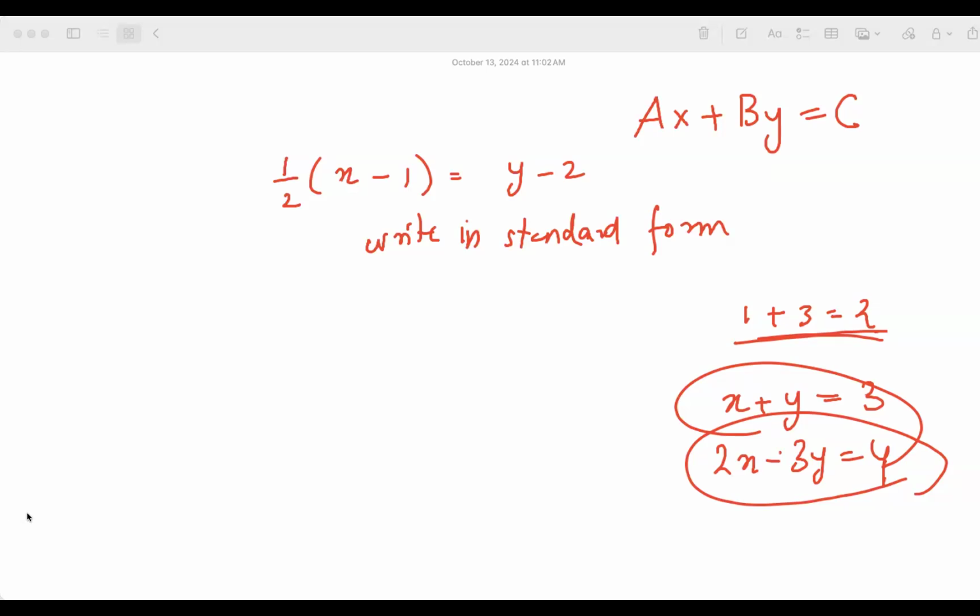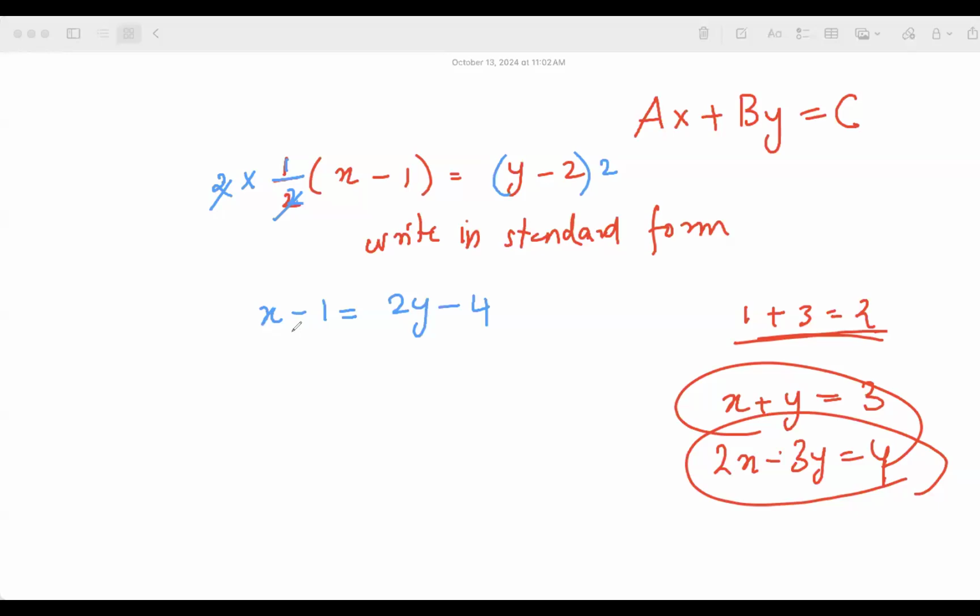Kind of, okay, I will do it on the board. No problem. See here, what I'm saying is, this half is outside, right? So multiply entirely by 2. Now this and this cancel. 2 in the numerator, 2 in the denominator. So it becomes x minus 1 equal to 2y minus 4.